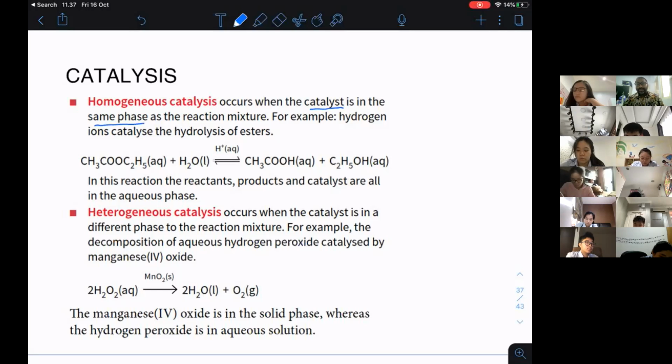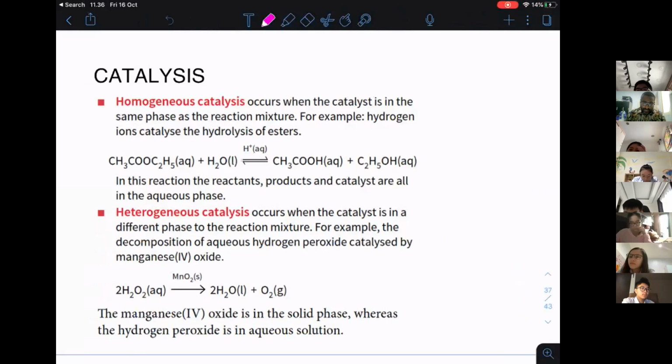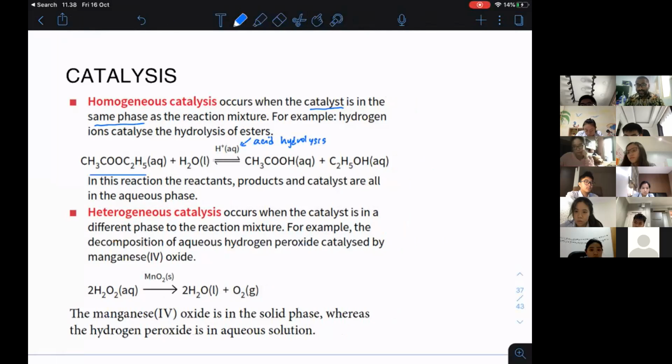If you take, for example, this ester, it is actually an acid hydrolysis.